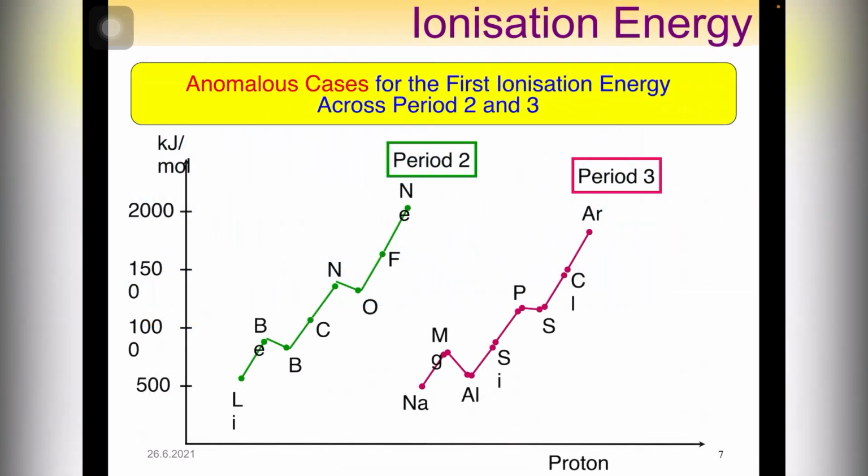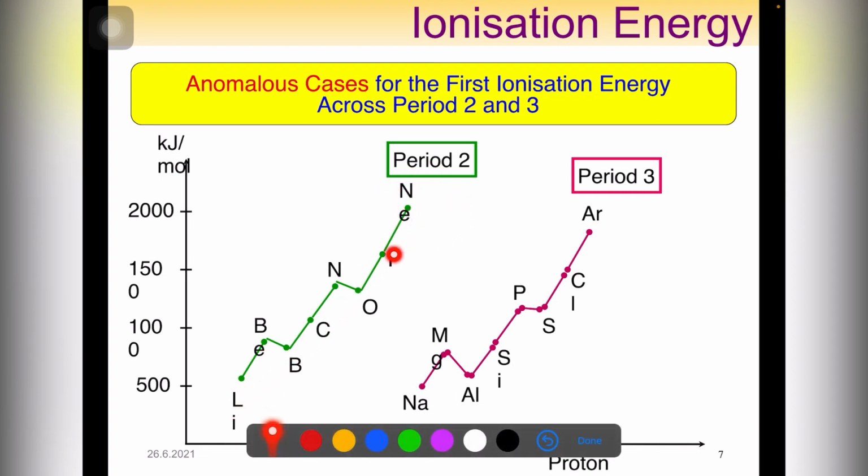Okay, however, there are also anomalous cases for the first ionization energy across periods 2 and 3. From this graph, you can see that from lithium to neon, the elements of period 2, the ionization energy does not increase gradually, because in some parts the ionization energy decreases.